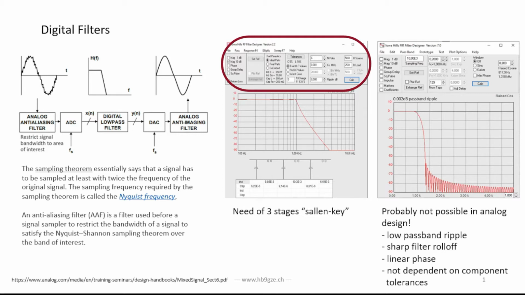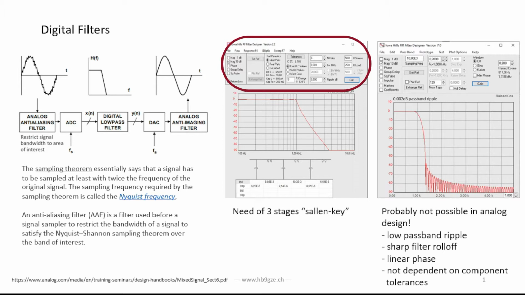I've taken here a 6-pole analog filter, CL. And you have a significantly higher ripple in the passband. You don't have such a steep roll-off.